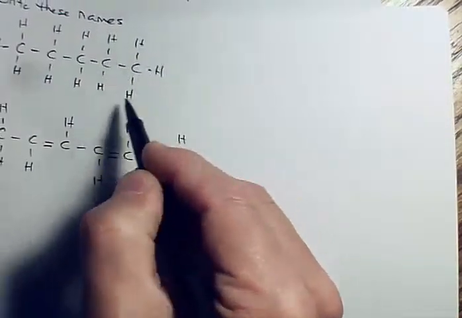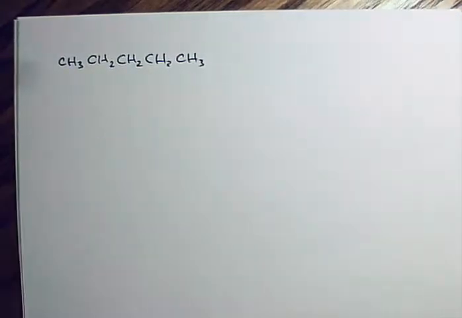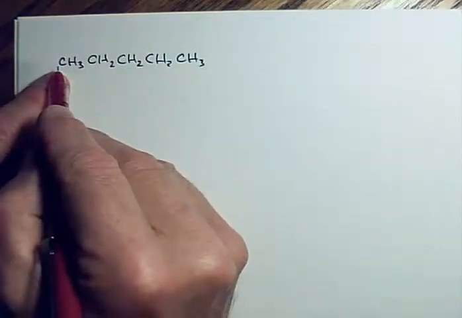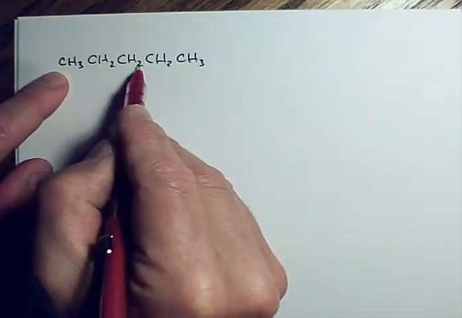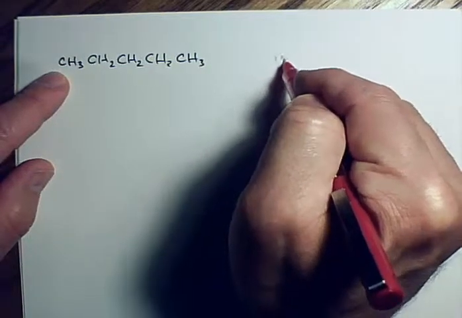Then finally on the end you've got another CH3. So this is the correct condensed structural formula for pentane. Okay? We're going to count each of these symbols as a point. 1, 2, 3, 4, 5, 6, 7, 8, 9, 10, 11, 12, 13, 14, 15 points.